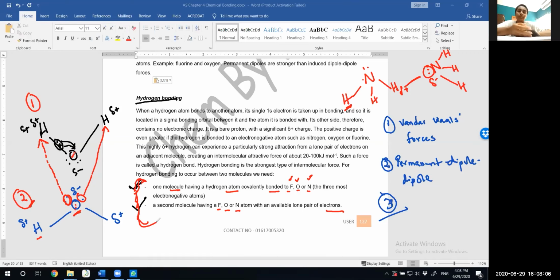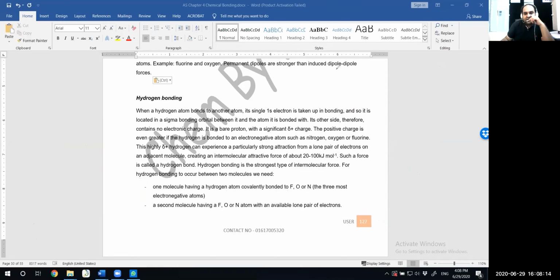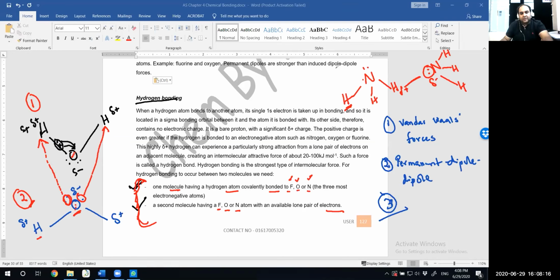Okay. So you write down what is hydrogen bonding. And another thing I want to add is that covalent molecules who can form hydrogen bonds are only soluble in water.